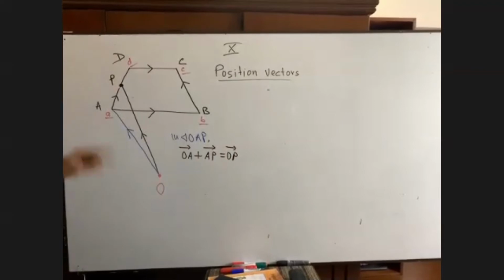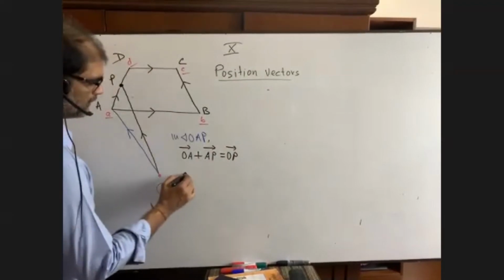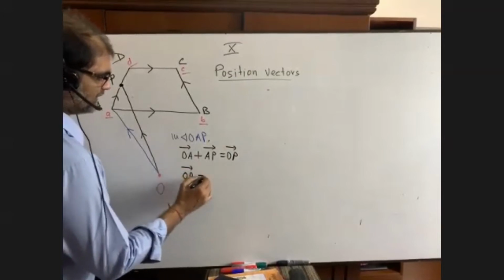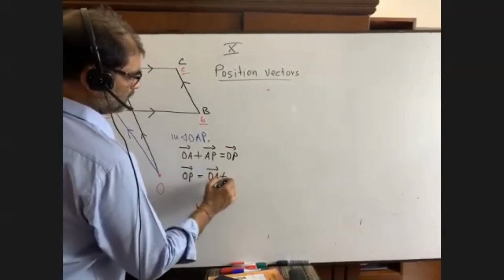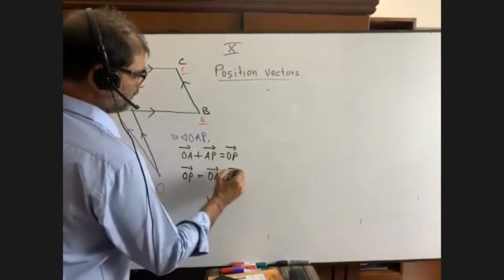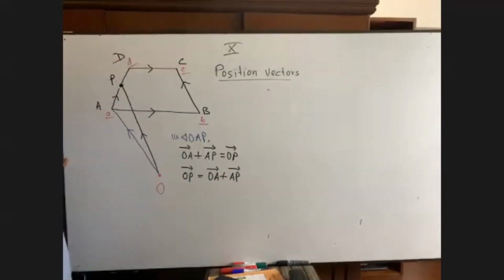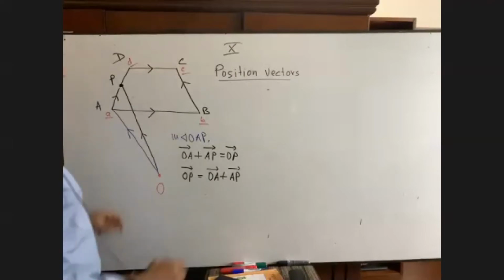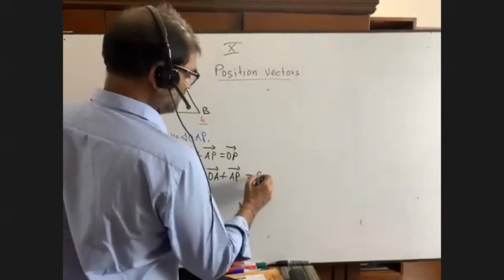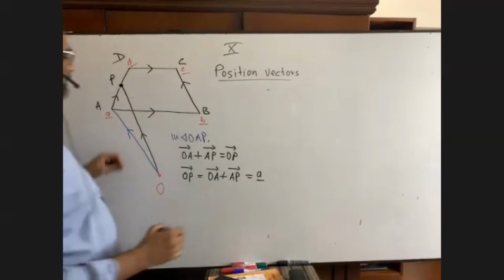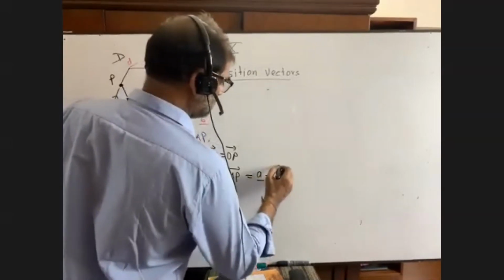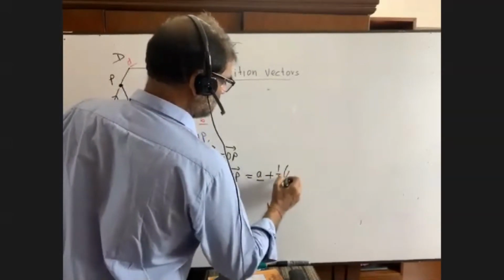As I told you to find OP, that means OP is equal to OA plus AP. Now, what about OA? OA equals A. And what is AP? Can you tell me what is AP? AP is half of AD. Half of AD.